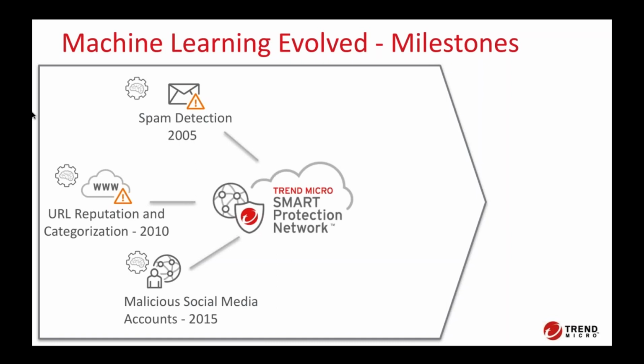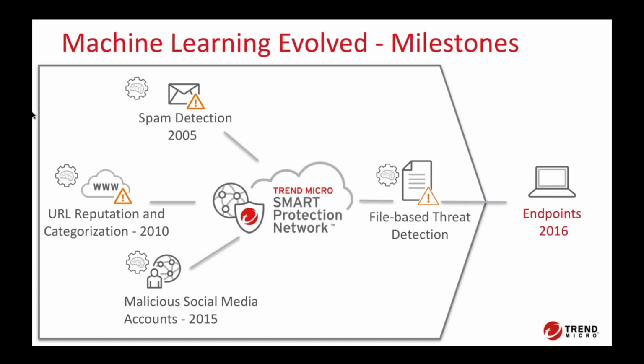All these techniques we then combined into the Smart Protection Network, which I spoke about and will talk about a bit more in a minute. We then had the file-based detection, which is an amalgamation of all those techniques on the left-hand side, which ultimately came into the endpoints at the end of last year.